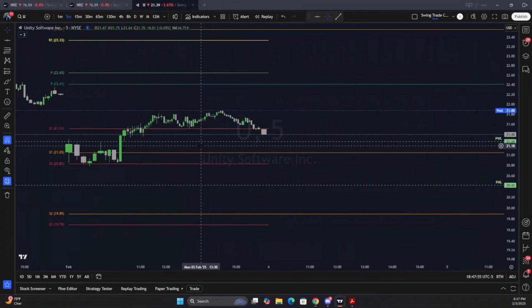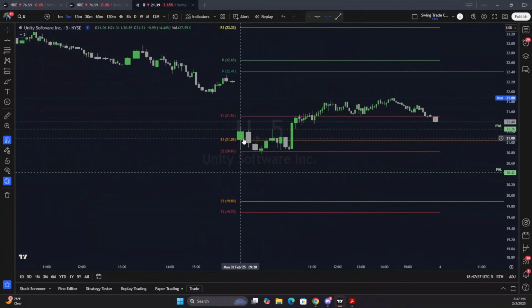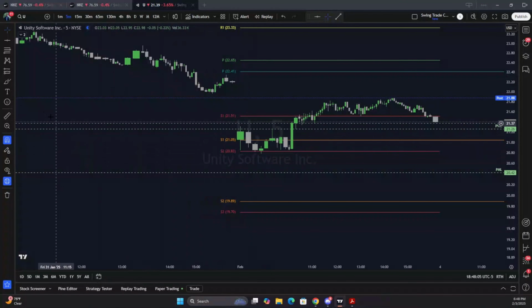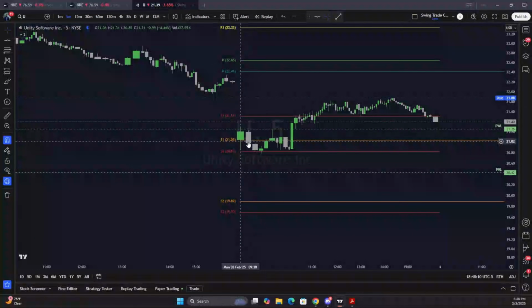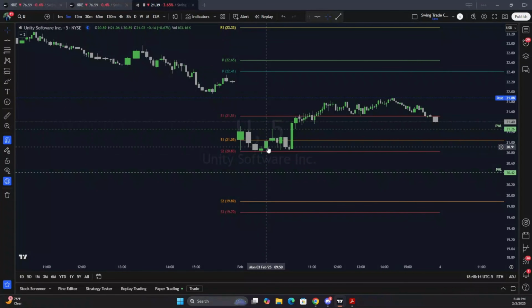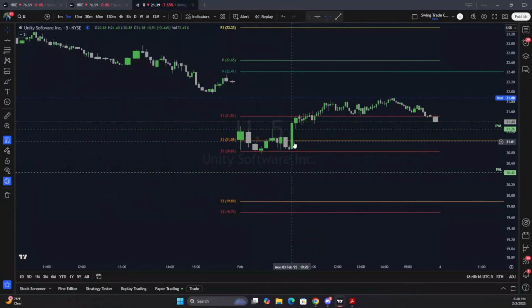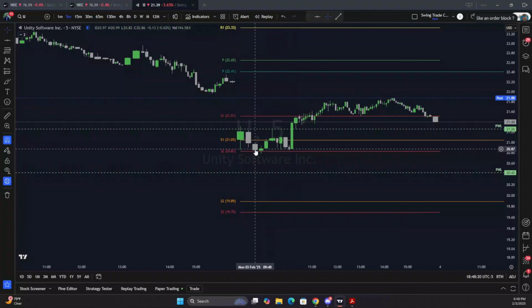And you can see that this S1 on the weekly and this S2 is almost serving as a little buy zone, right? For supply and demand zones. And it's very simple. What better confluence can you have than by having a weekly pivot structure and a daily intraday pivot structure showing you key areas of support and resistance?